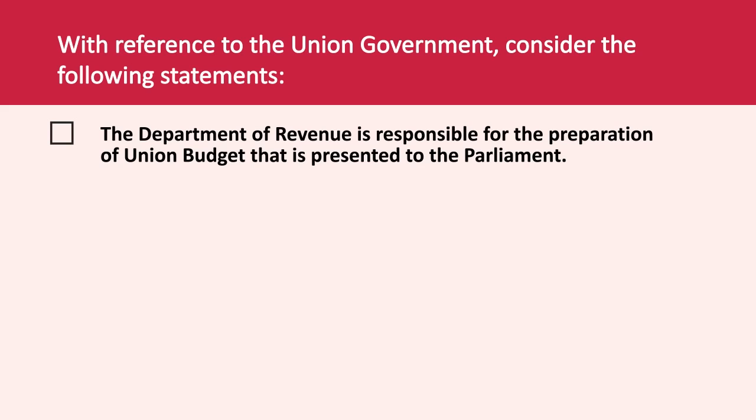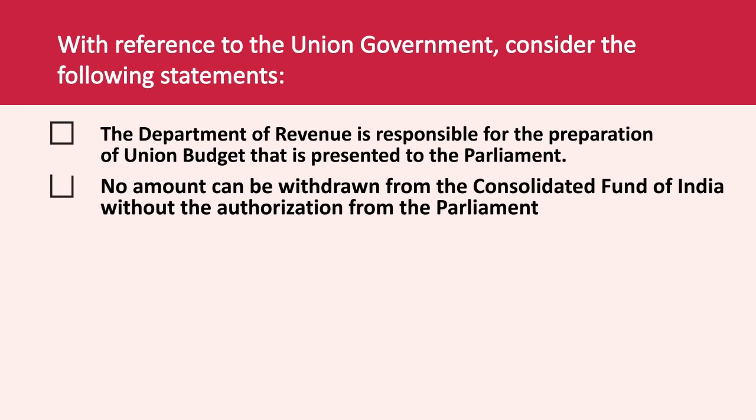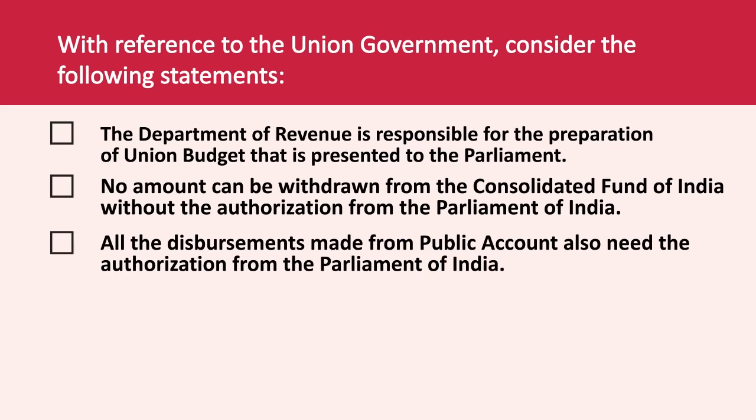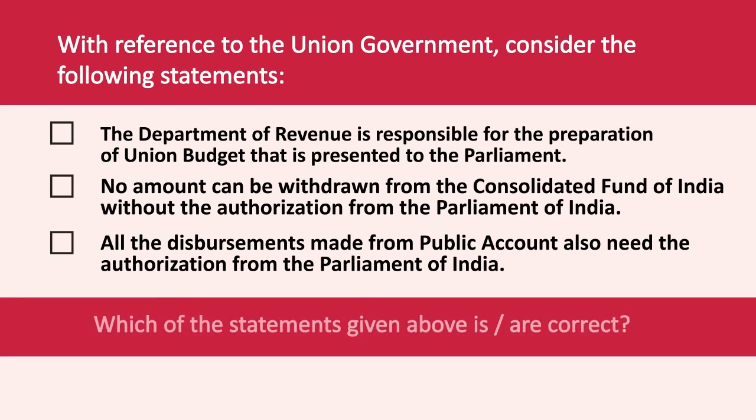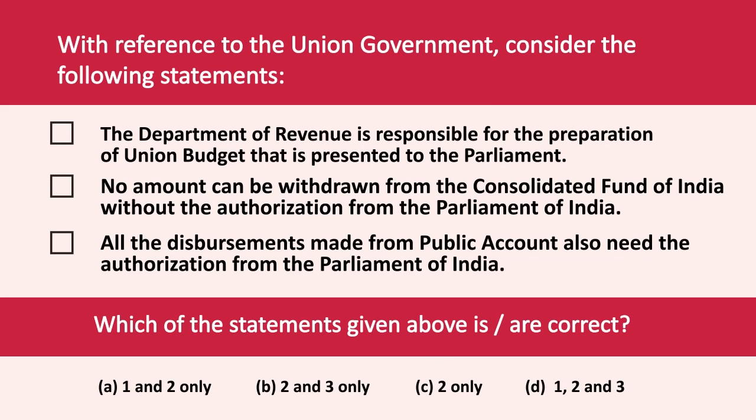Second: no amount can be withdrawn from the Consolidated Fund of India without the authorization from the Parliament of India. Third: all the disbursements made from the public account also need the authorization from the Parliament of India. Of course, the candidates were given the choice to choose the correct statements, and the correct statement in this case was only one.